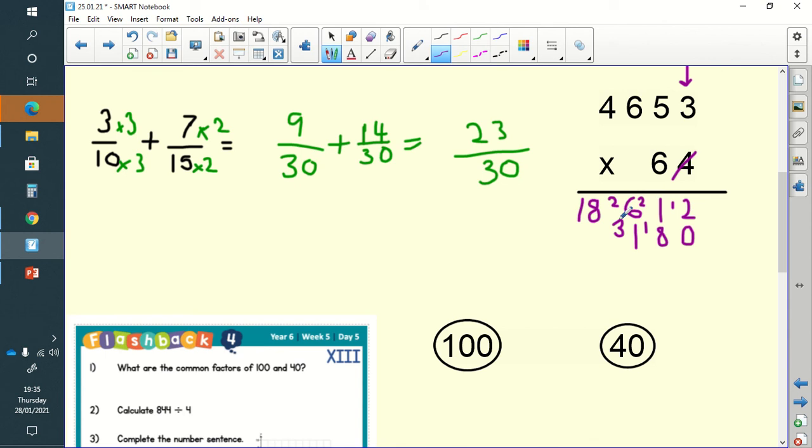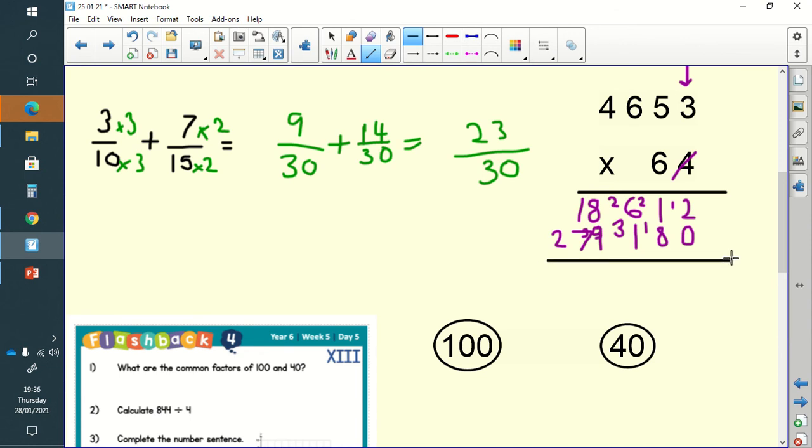Add the 3 you've carried, 39. Well done. And 4 times 6 is 24. Add the 3 you've carried, 27.